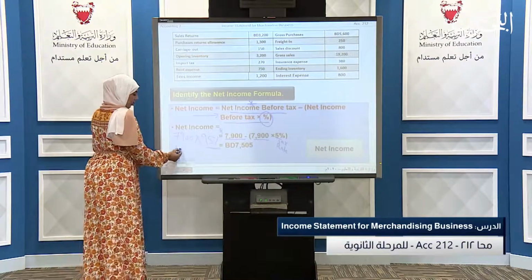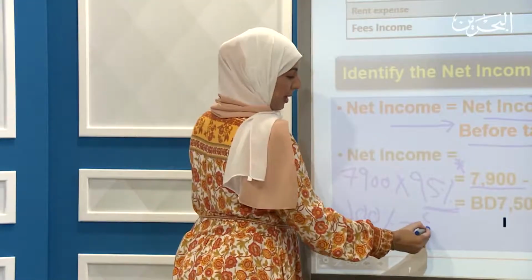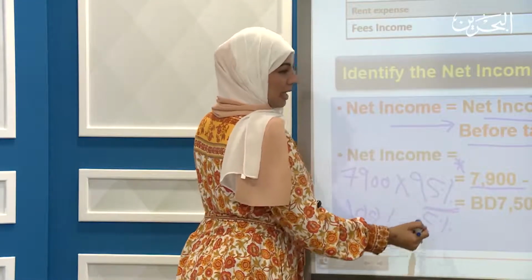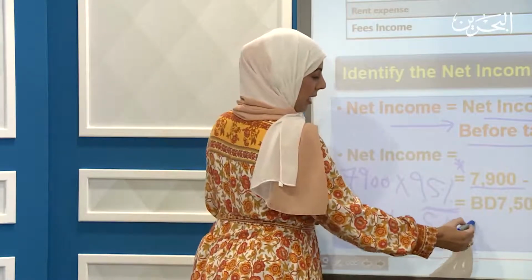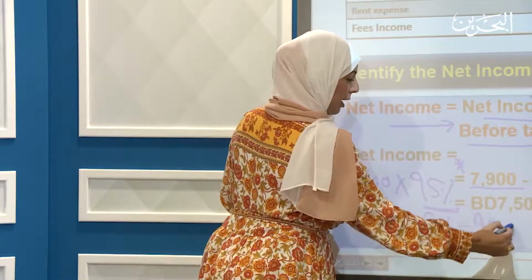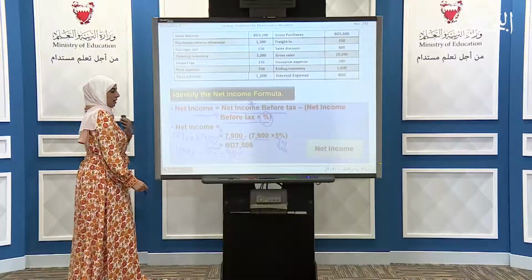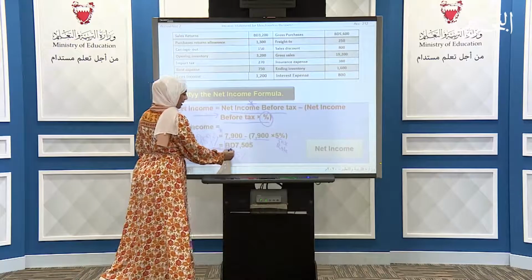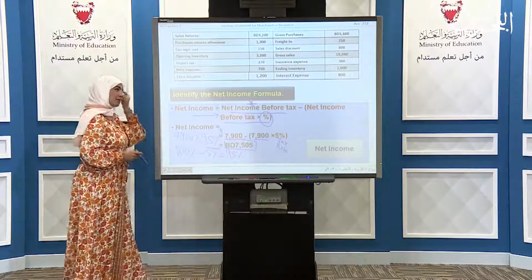I can take 100% and subtract 5% from it, the tax rate they give me in the question, and I will get the 95% that I can use. So finally, I will get the net income with a number of 7,505.